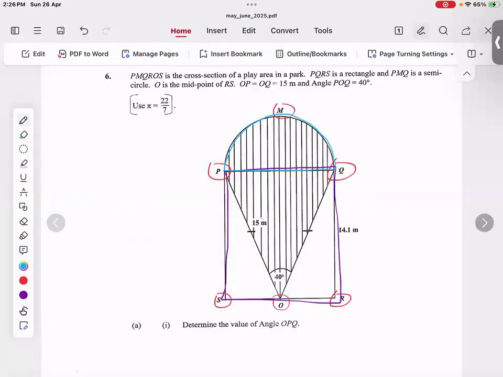So when I'm reading the question, I identify the parts, so from now I know what connects with what. All right. O is the midpoint of RS. When something is the midpoint, that means this side is equal to that side.